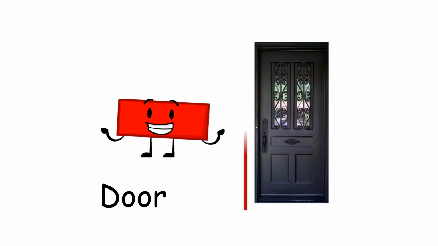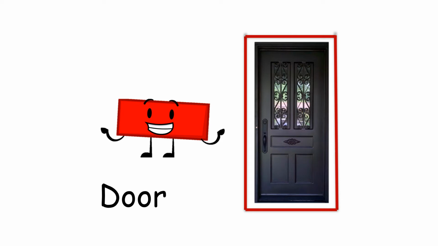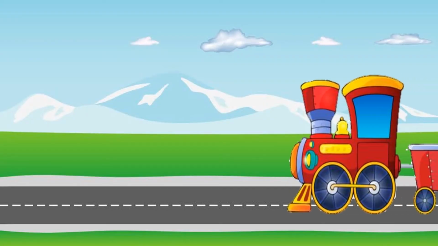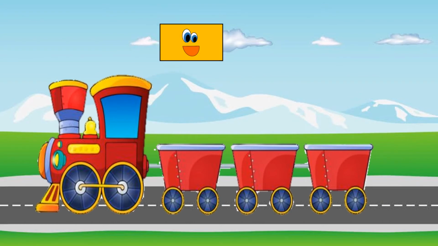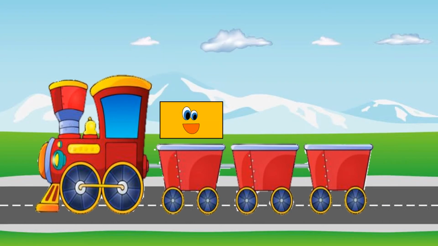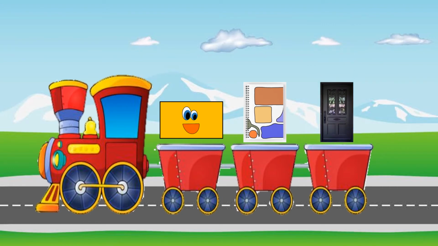Door. It is door. 1, 2, 3, 4. It has 4 sides. So door is rectangular shape. Rectangle. Notebook. Door.